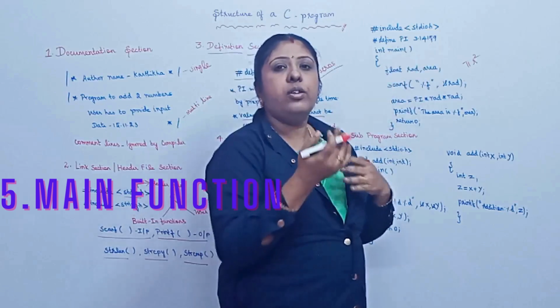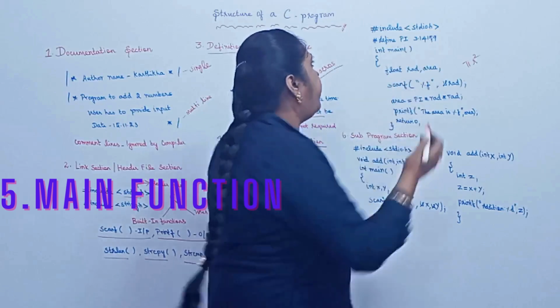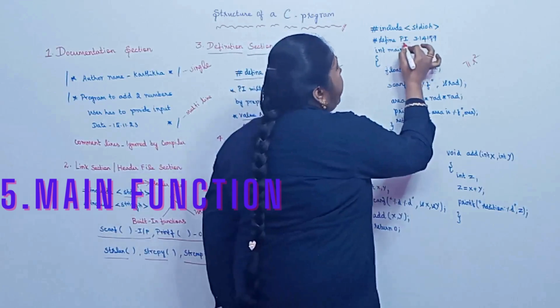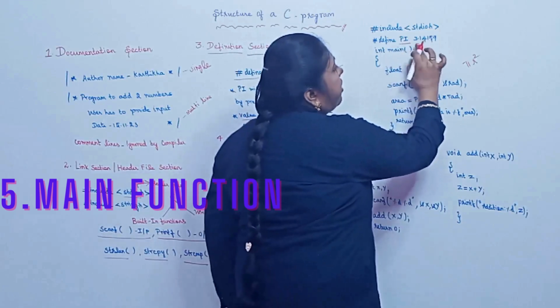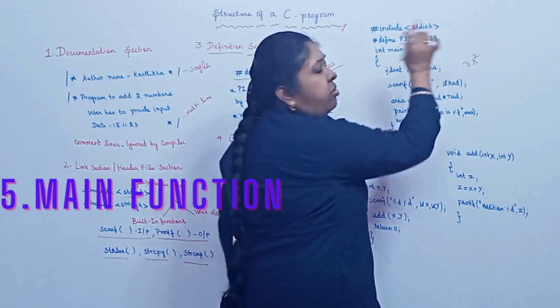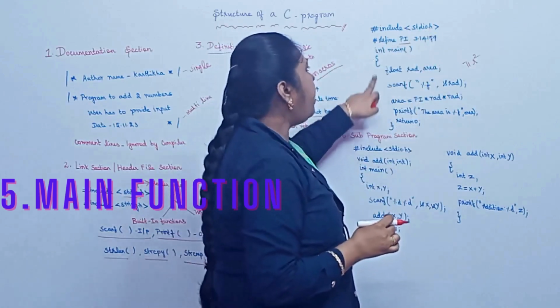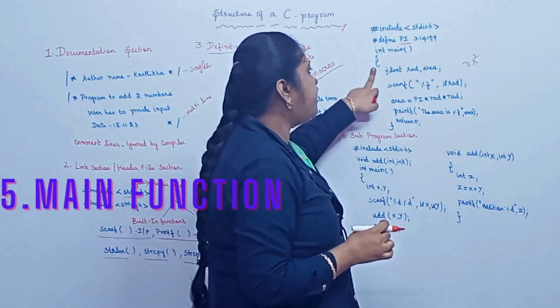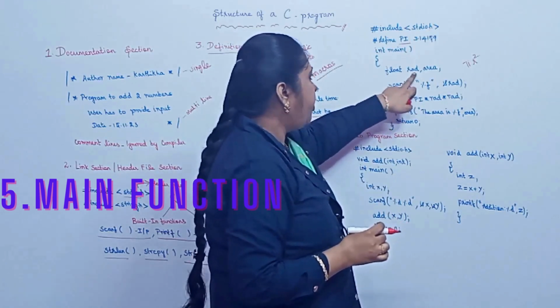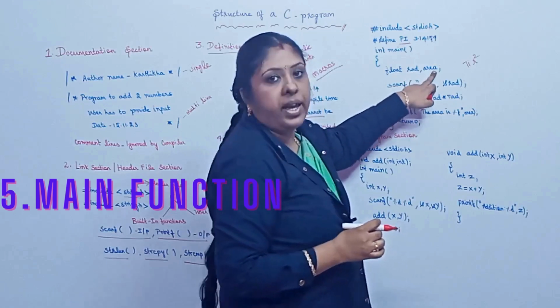So whenever pi is used inside the program, pi will always be replaced with the constant value 3.14159. Integer main. The main program begins with open braces, float rad, radius, area.